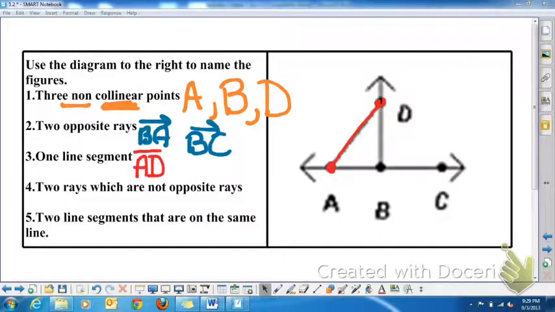Or you could even call it segment DA. Name another one. You could have segment DB. Or another one, segment BC. Or another one, segment AB. Or another one, segment AC.